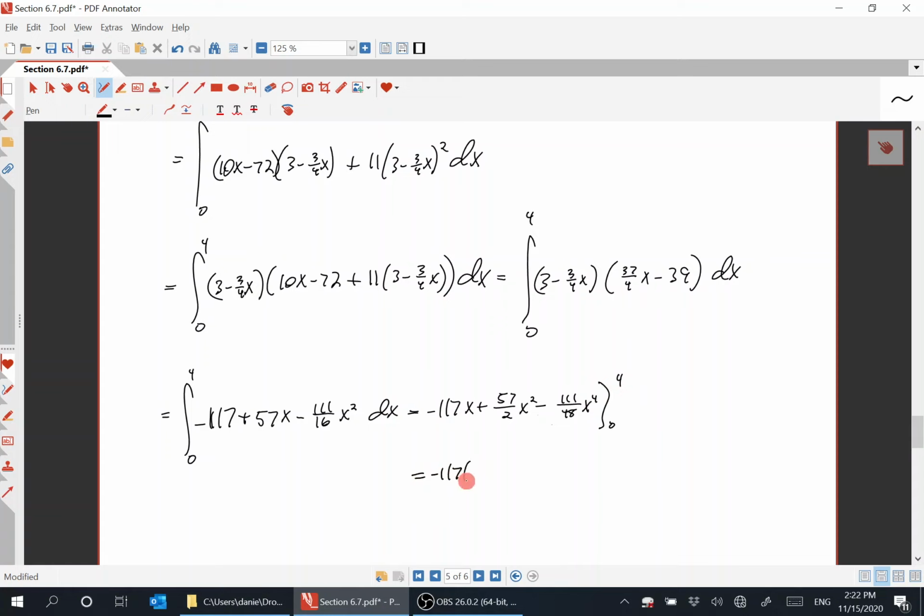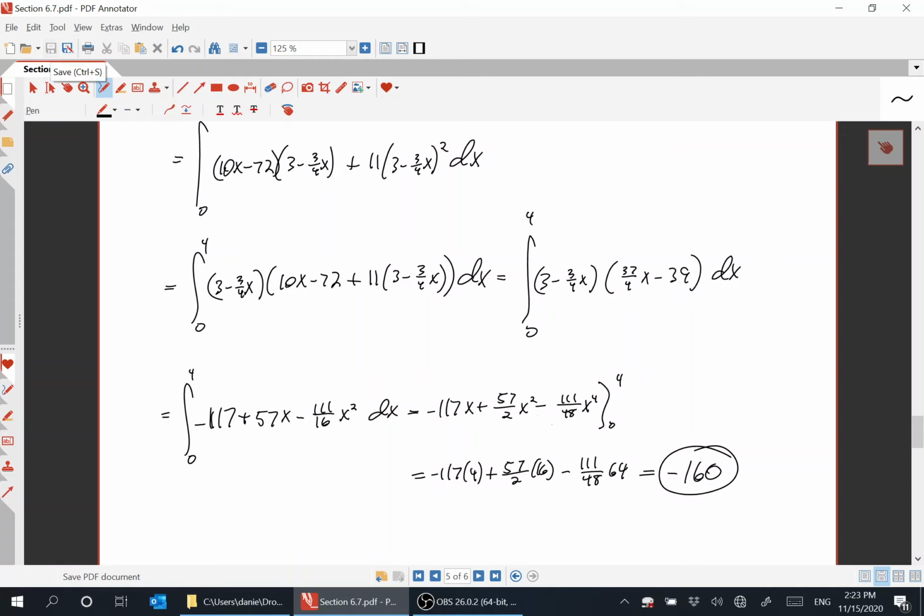So minus 117 times 4 plus 57 over 2 times 16 minus 111 over 48 times 64, which, after all the arithmetic, comes out to be minus 160.